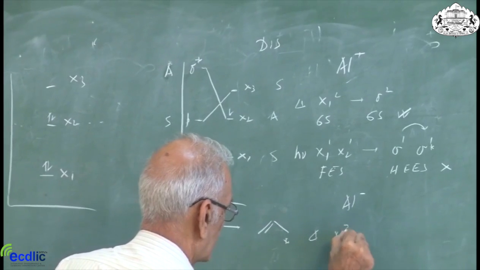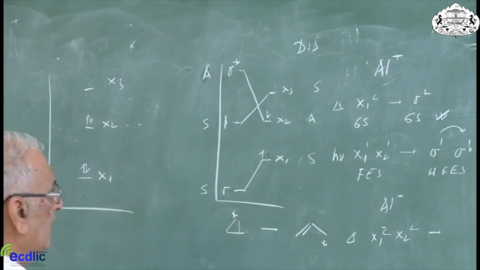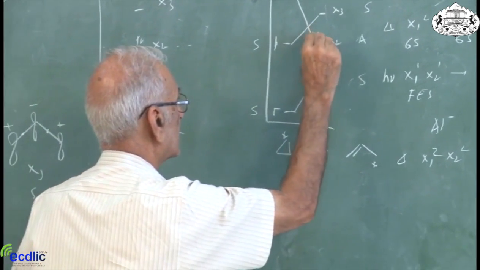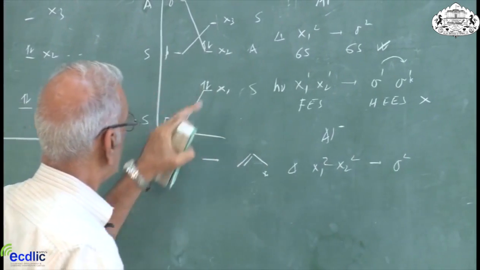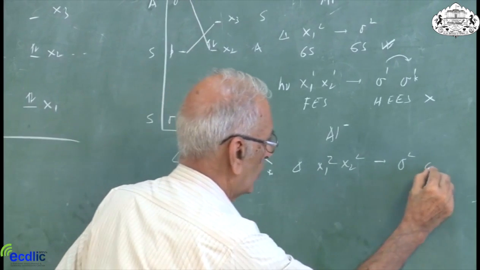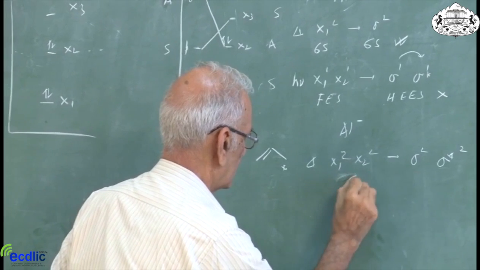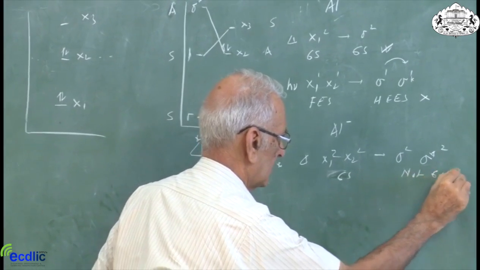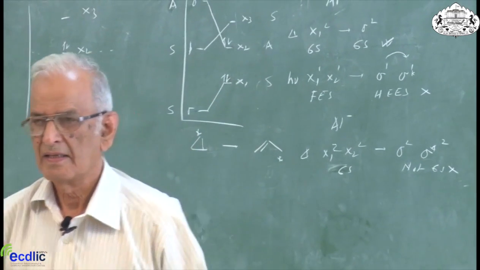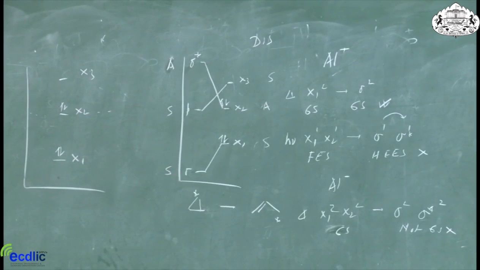Thermal reaction: X1 2 electrons will go into sigma, X2 2 electrons will go into sigma star. This is ground state, this is not the ground state. Allyl anion is a 4 electron system, and our rule tells us that disrotatory should be not allowed.